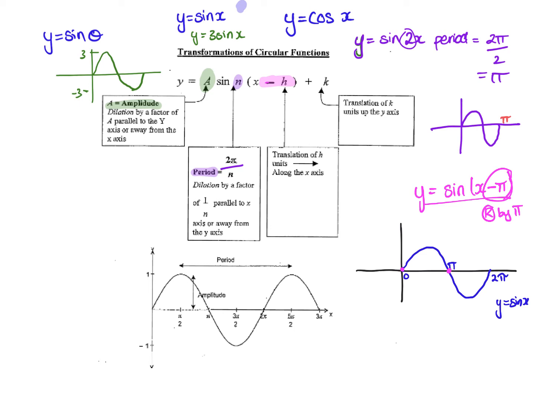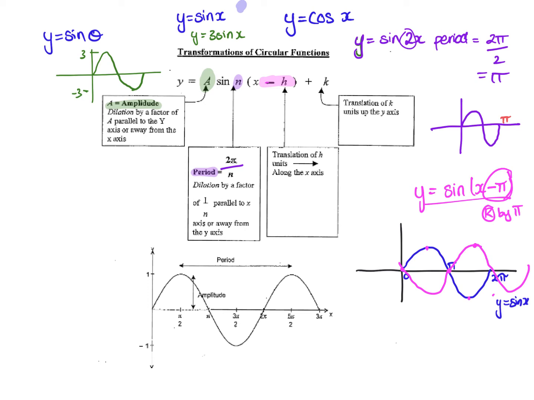Anyway, this point moves to there and this point moves over to pi. Oh no, it'll look a little bit different. This point will move to here. So you can see the graph looks like that. So it's moved it over. So it moves the pattern of it.